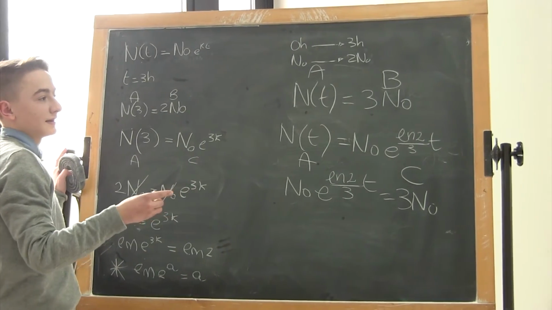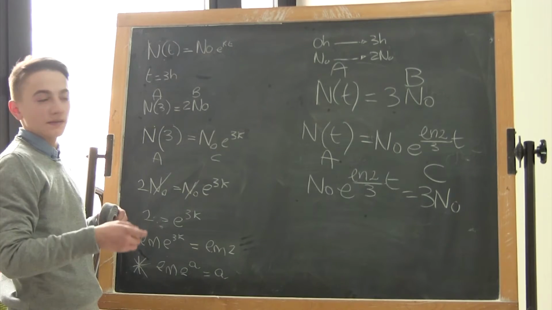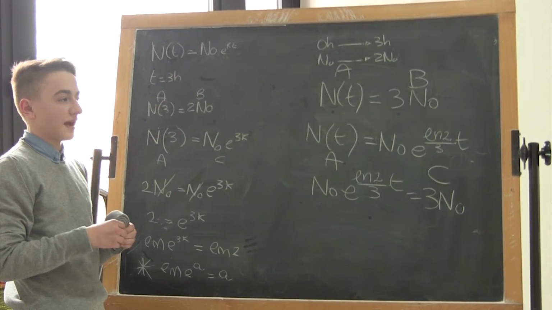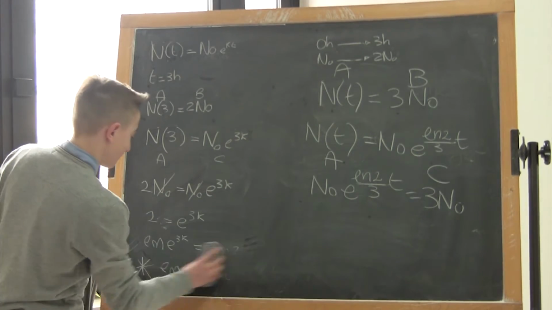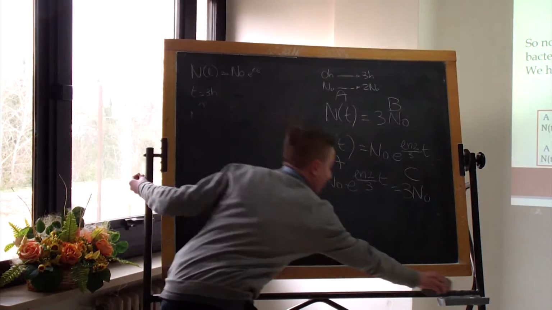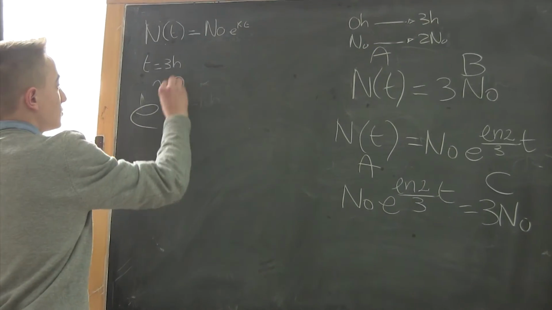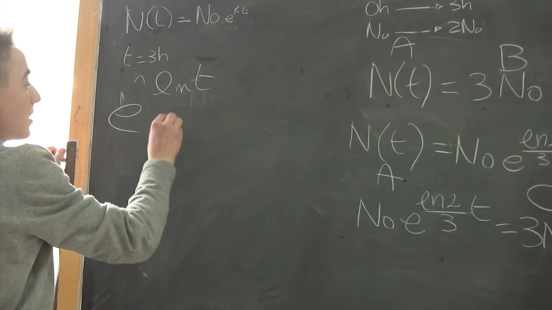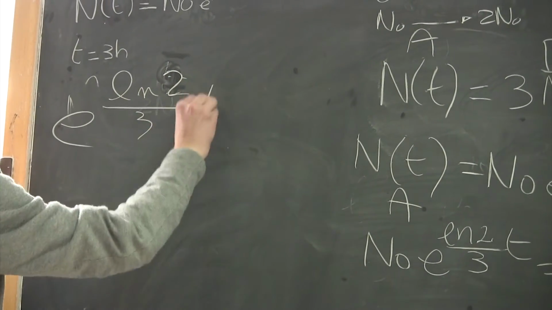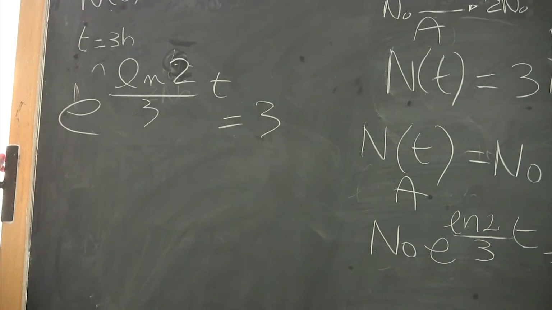So C is equal to B, and now we divide both members by N naught, and find e to the natural log of 2 divided by 3 times t is equal to 3.